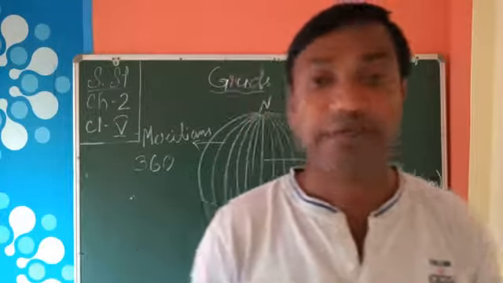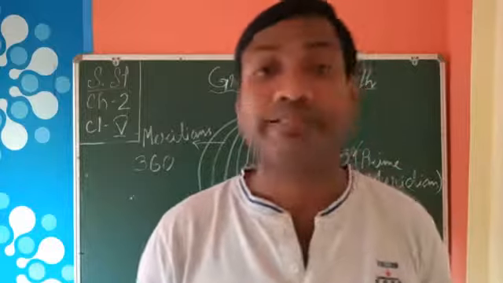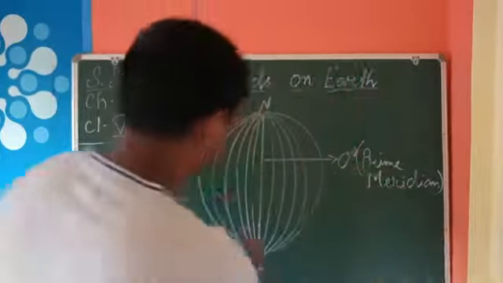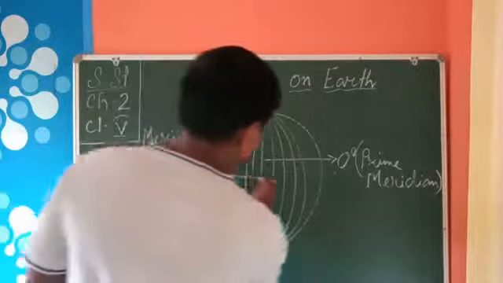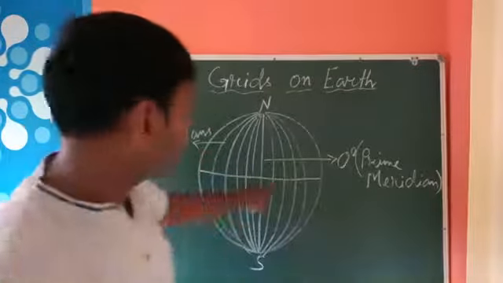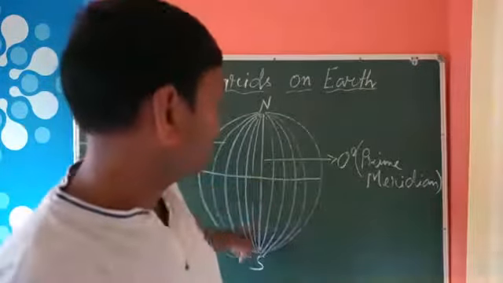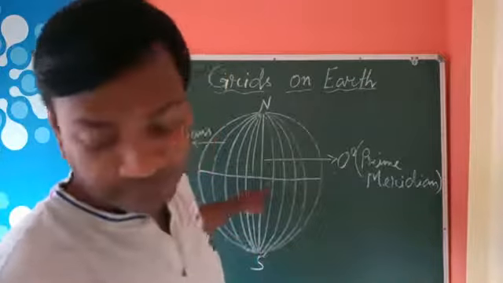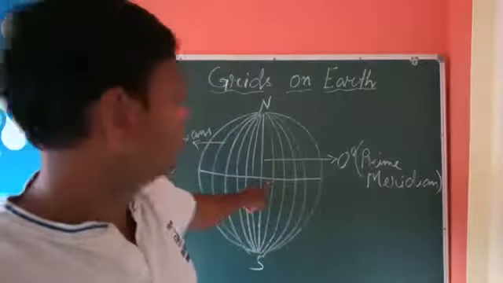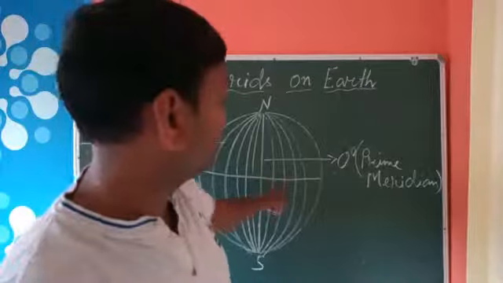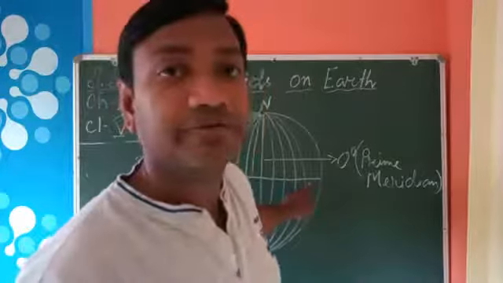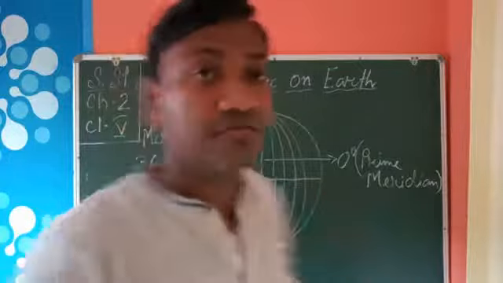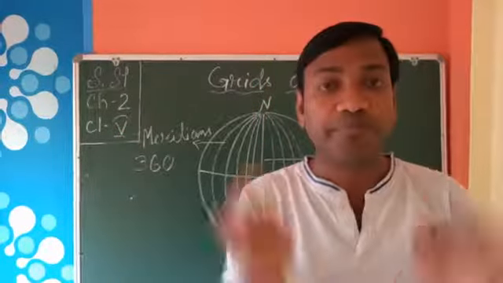However, the distance between the longitudes is the maximum at the equator. Suppose this is the equator. Here we find the distance is more. The distance from one longitude to another, because this is the great circle, the globe is largest in the middle part.